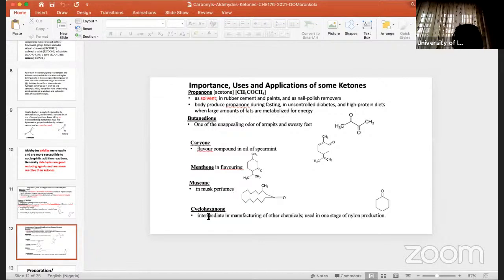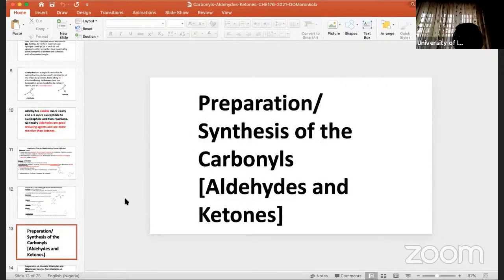We have this simple cyclohexanone, which is an intermediate in manufacturing of other chemicals used in a particular stage of production of nylon. So we now go straight to how we obtain, synthesize, or prepare these two carbonyls we are targeting, the aldehydes and the ketones.